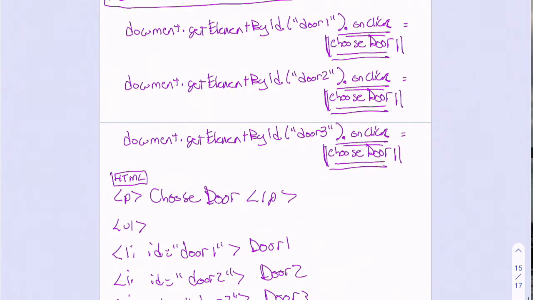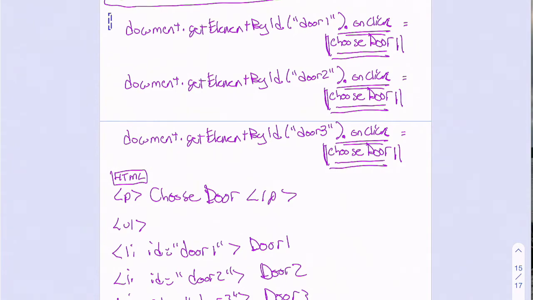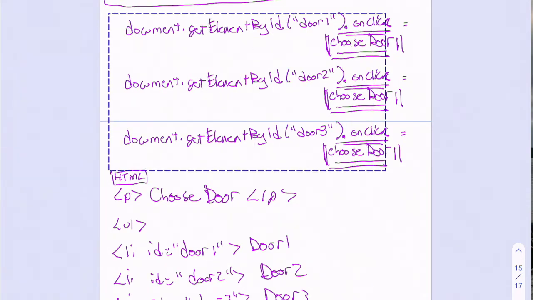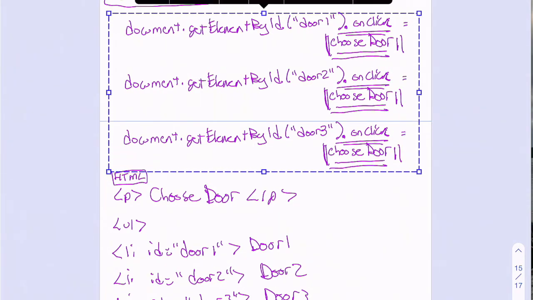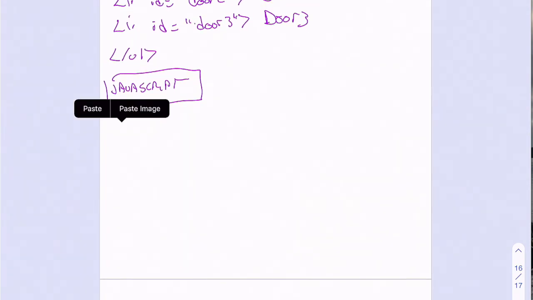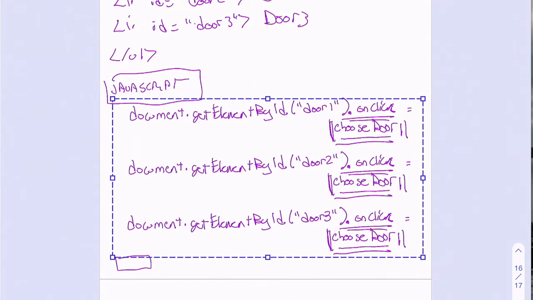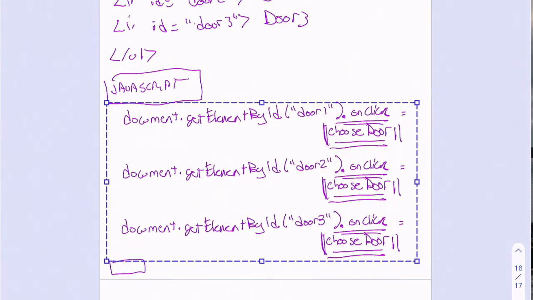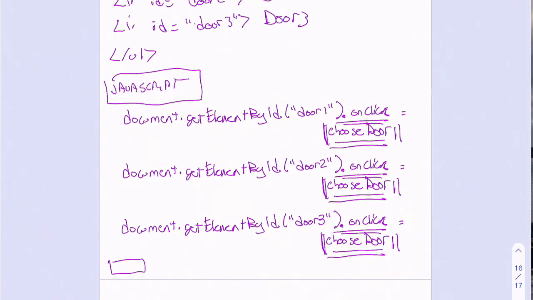So we're going to take the code that's right up here, and we're going to embed that right in the JavaScript file. So this first part of the JavaScript file is going to be a set of instructions to basically register the event handlers.